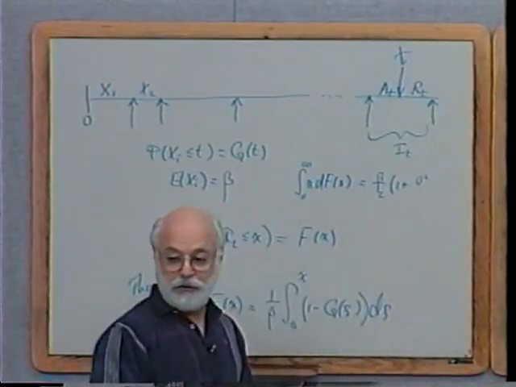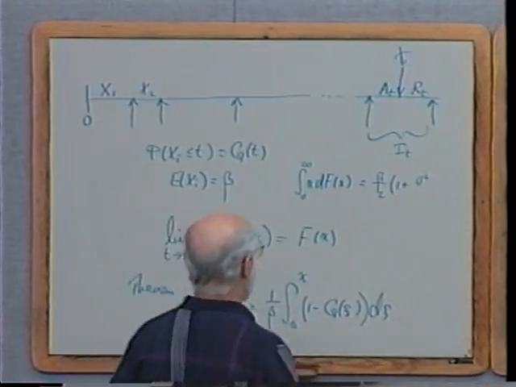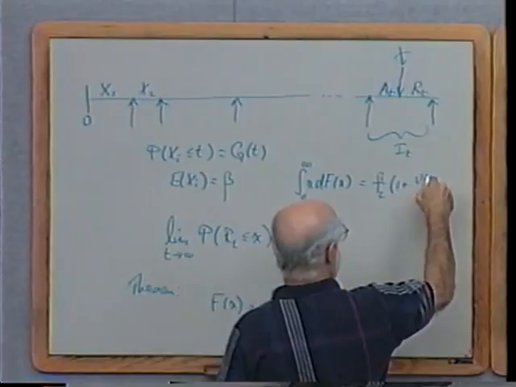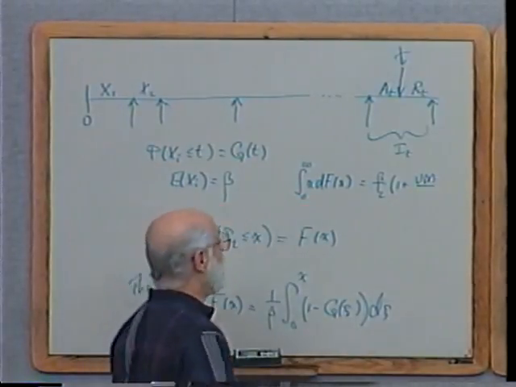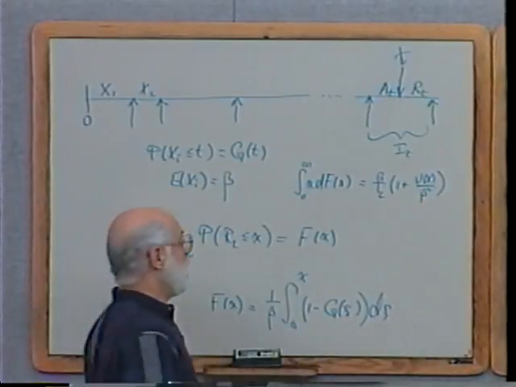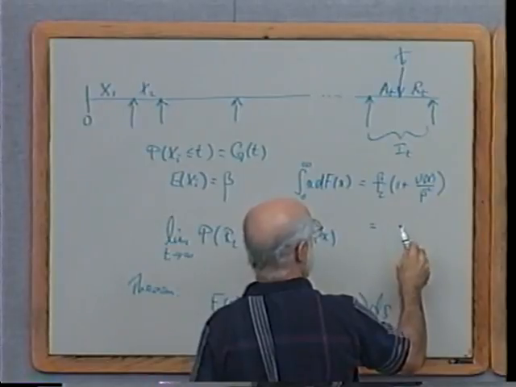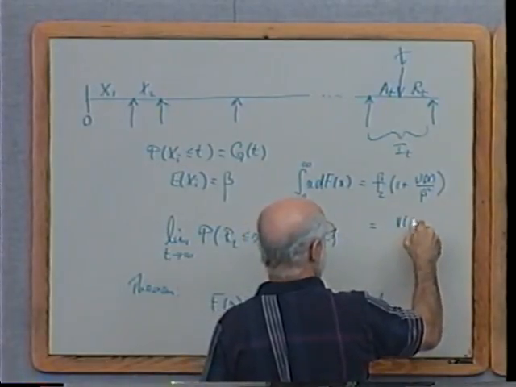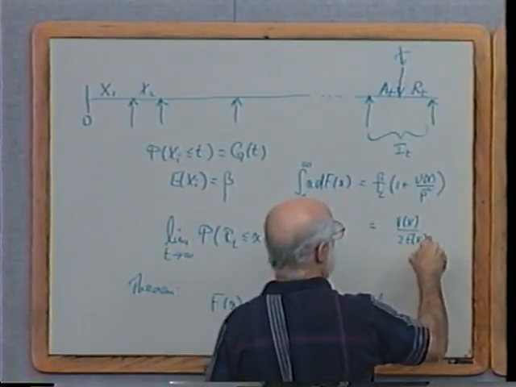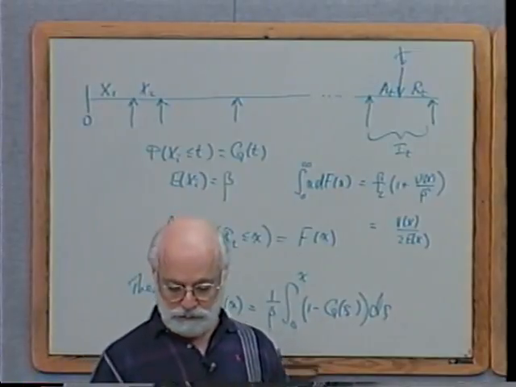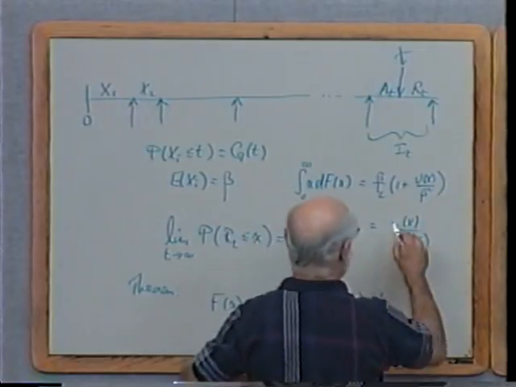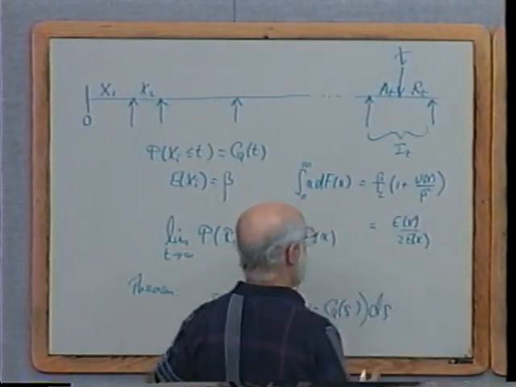I think I'll write it as the variance, one plus the variance of the interrenewal intervals divided by the expected value squared. And another way to write that is that's the same thing as the variance divided by 2 times the mean. Excuse me, it shouldn't be the variance here. This term should be the expected value of the square of x, the second moment.